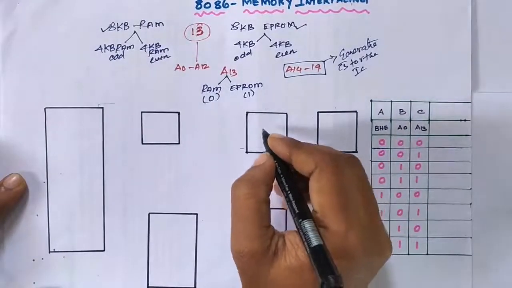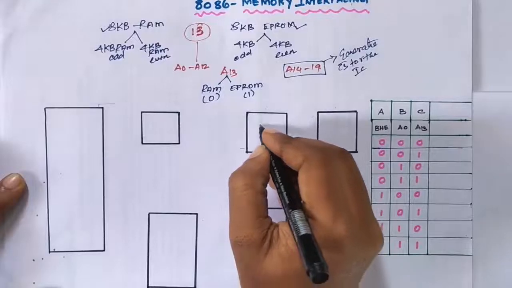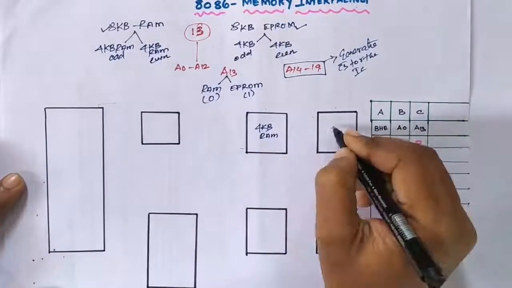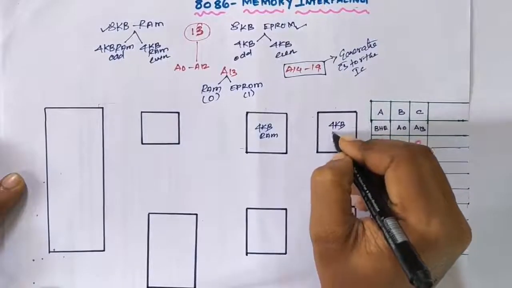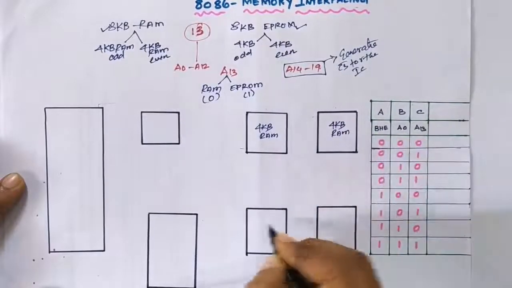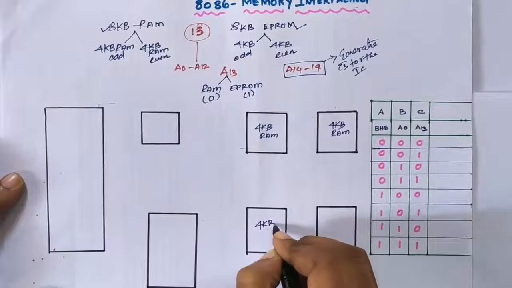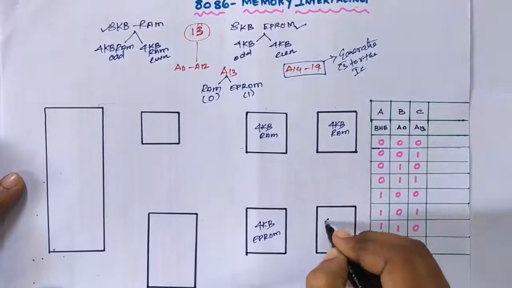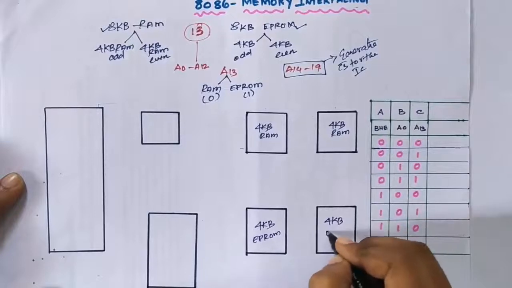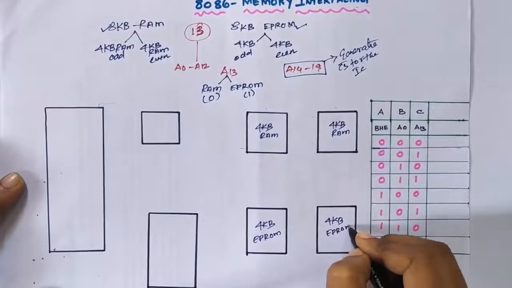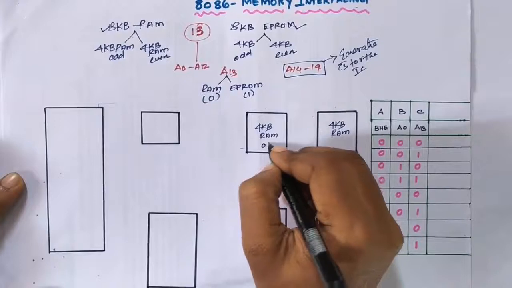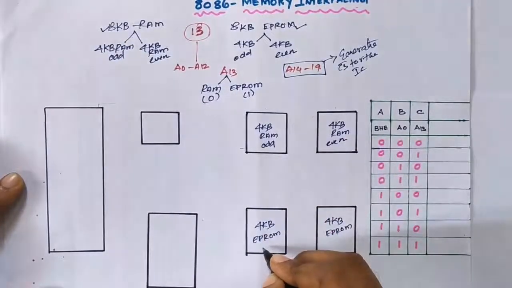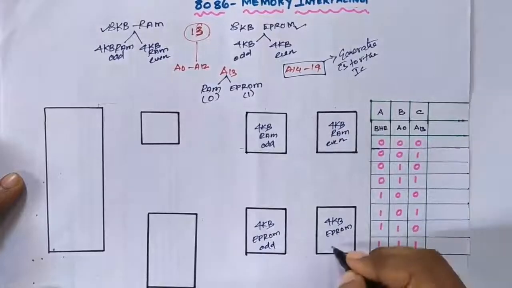So this is a 4 KB RAM and this is another 4 KB RAM. This is a 4 KB EEPROM and this is another 4 KB EEPROM. This one is for the odd bank, this one for the even bank, this one for the odd bank EEPROM and this one for the even bank EEPROM.